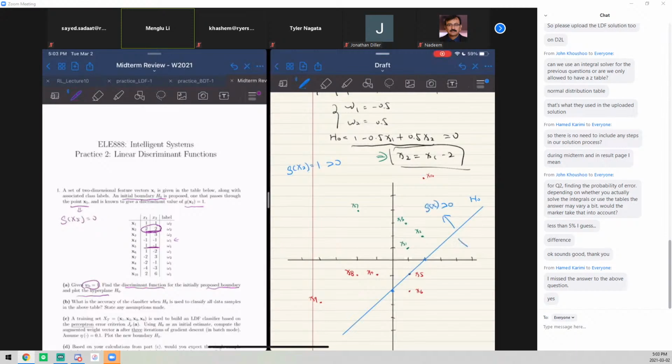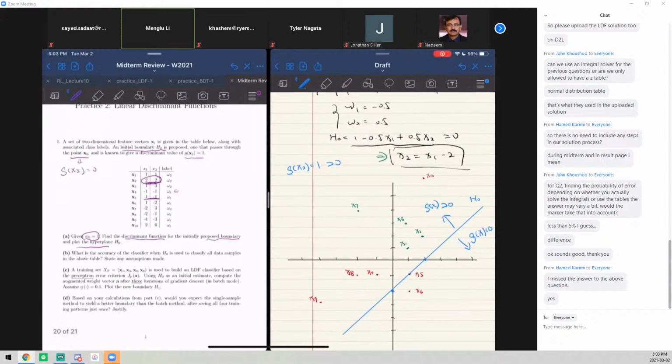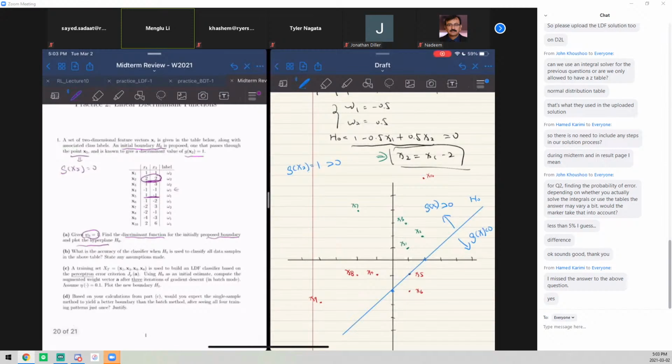And below this line will be negative, less than 0. That's the boundary.